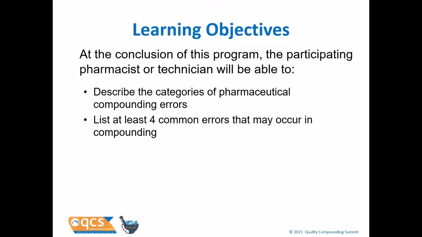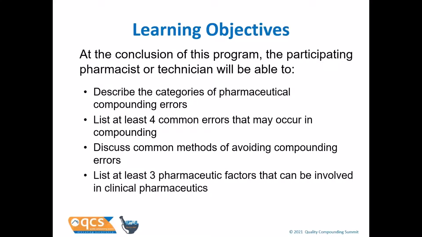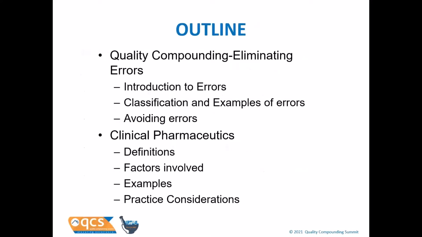So we're going to be looking at quite a few examples of those over the next half hour or so. Another objective is to discuss common methods of avoiding compounding errors. And when we get into the area of clinical pharmaceutics at the end of the presentation, you should be able to list 3 pharmaceutic factors that can be involved in clinical pharmaceutics.